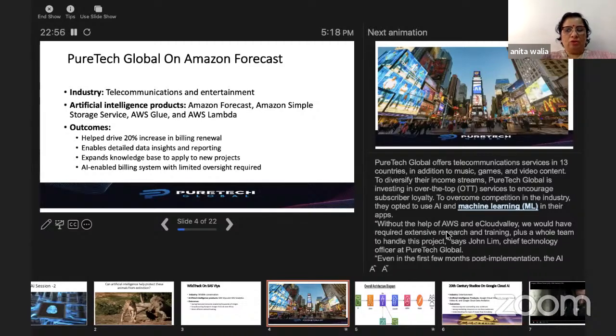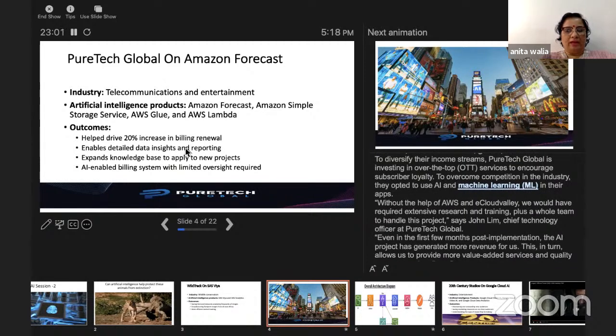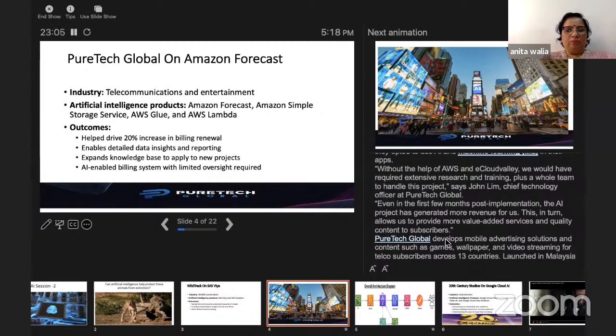They also wanted to adopt AI and machine learning in their apps, with the help of cloud computing, which is AWS, and they were also using eCloud value. They wanted to do research and understand the solution they could bring to help drive the billing process.